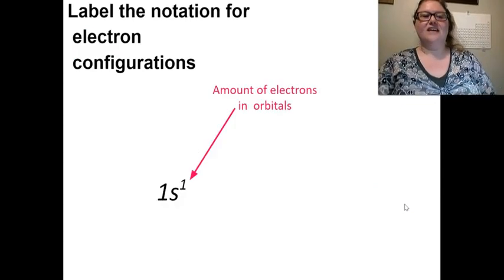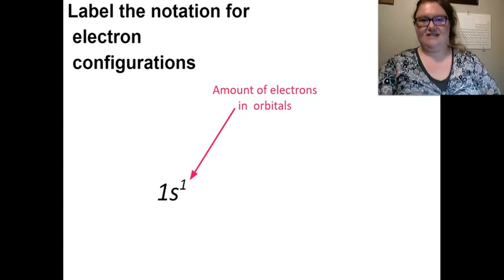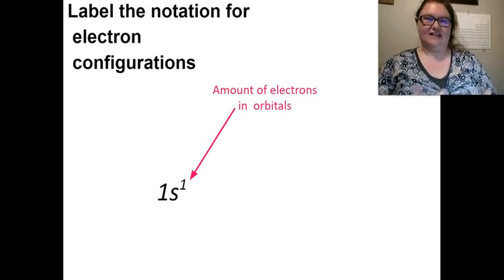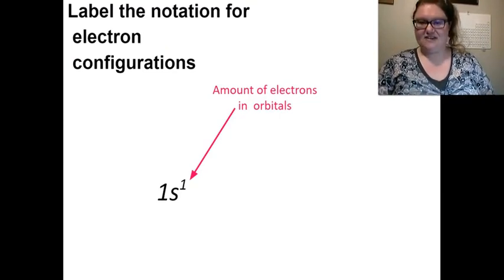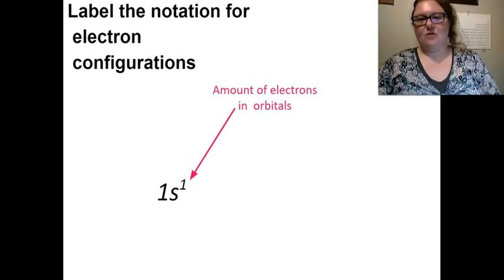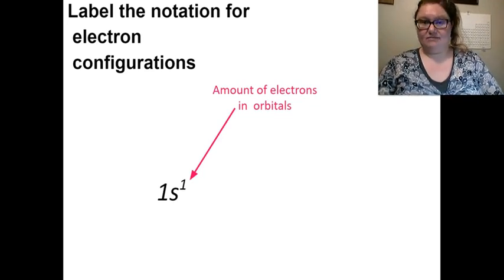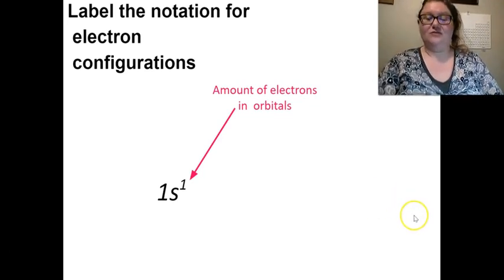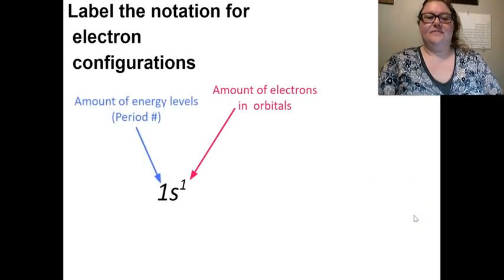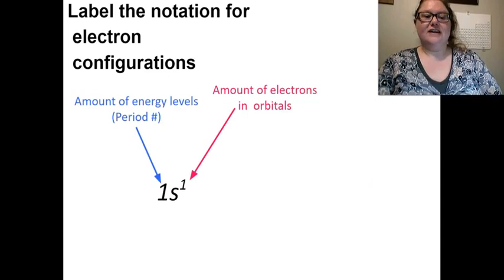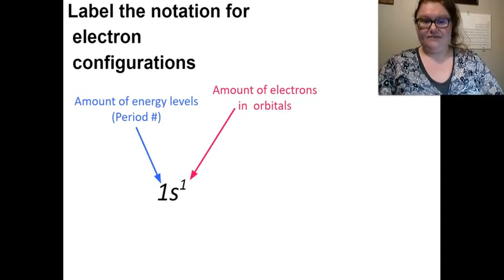So this is the notation basics for what each part means in an electron configuration address. That exponent or superscript is going to tell you the number of electrons at that location. It's important you know this. The first number in front that's written really large tells you the energy level you're currently in.